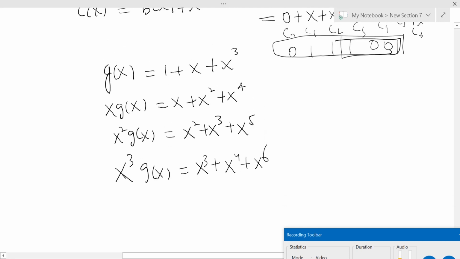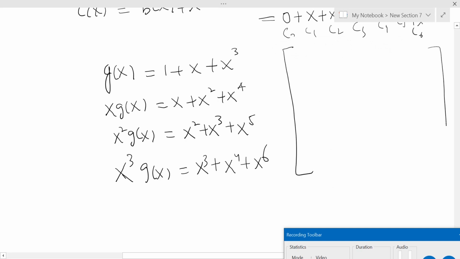See, I will write here a matrix. Okay, see, the first term is 1, second term is 1, right? Then x square is missing, so 0.